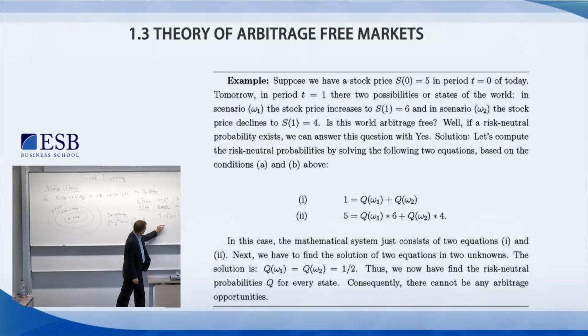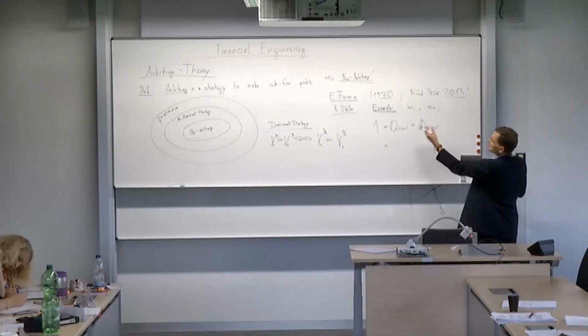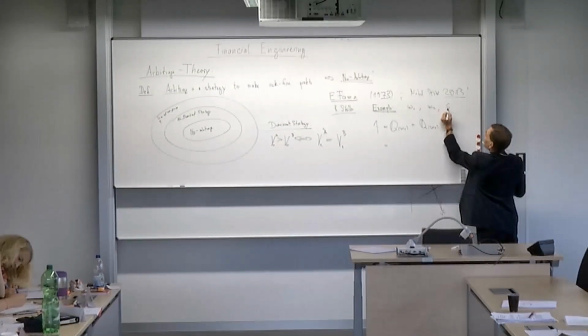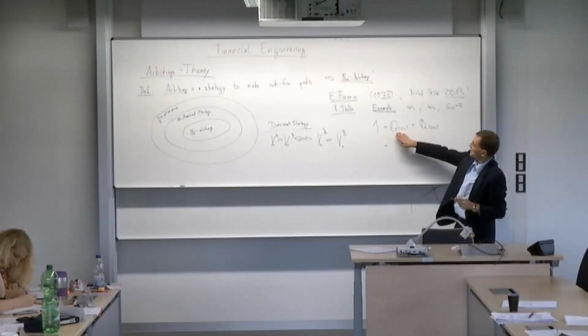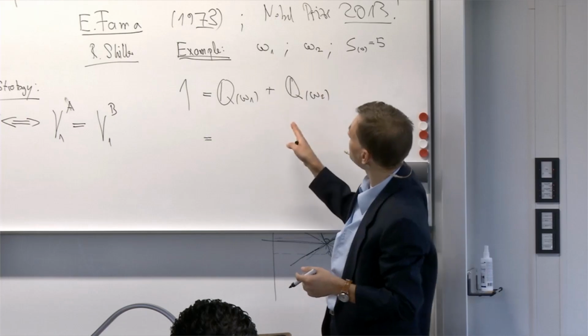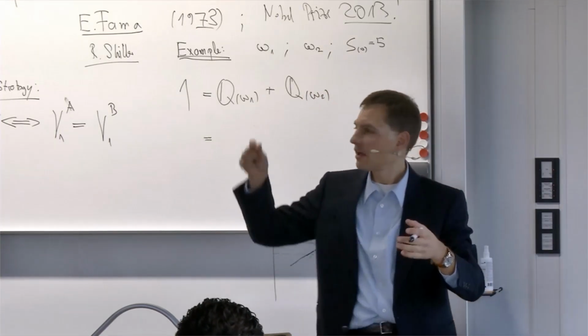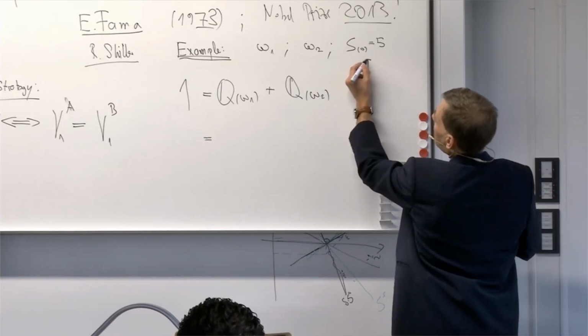And now the second equation reflects the market pricing. So suppose this is a risky investment in a stock, and the stock price today, let's say, is $5. And suppose omega 1 the price is going up, and omega 2 the price is going down, and suppose we have a call option, then we always know the payoff of a call option at capital T, right?